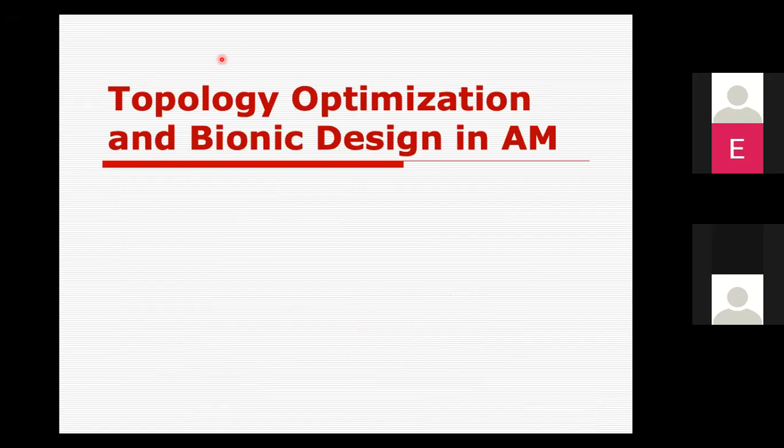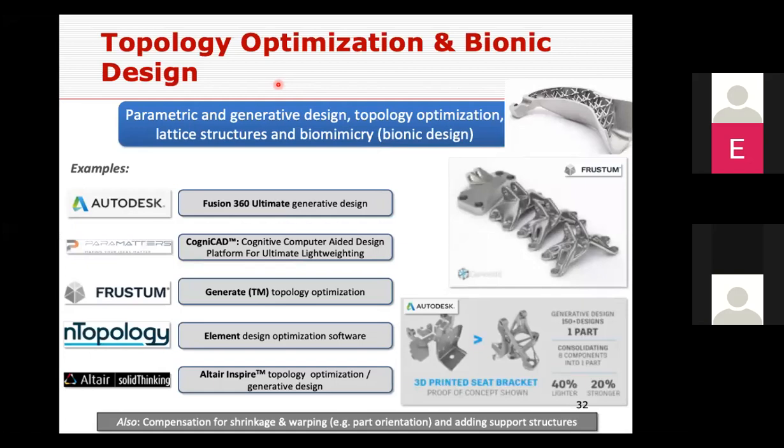And the next part is topology optimization and bionic design. Why is additive manufacturing so popular for fabricating these topology optimization structures or bionic designs? I think you may have come across, in recent times, parametric designing, which was the previous methodology, but now you have the generative design concept in your CAD/CAM/CAE packages.